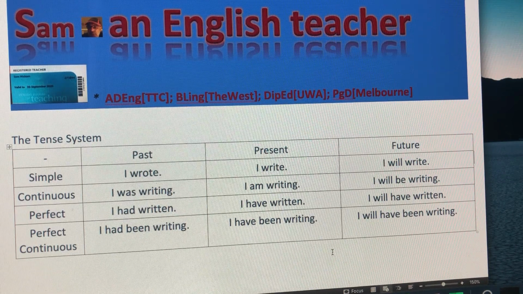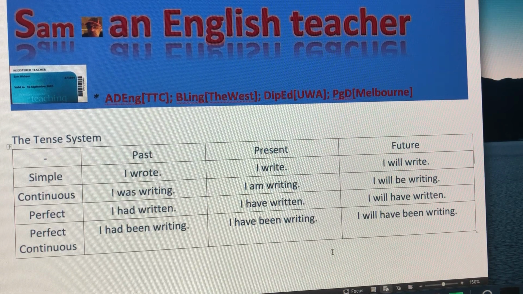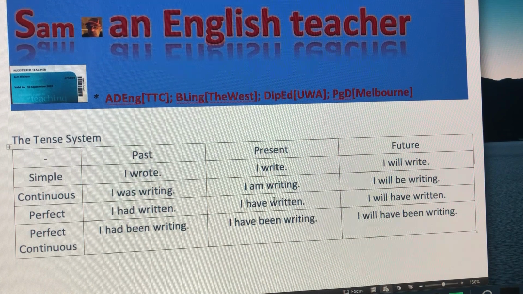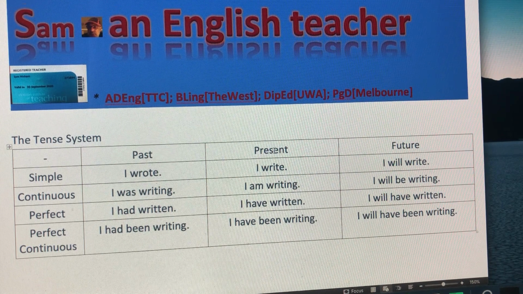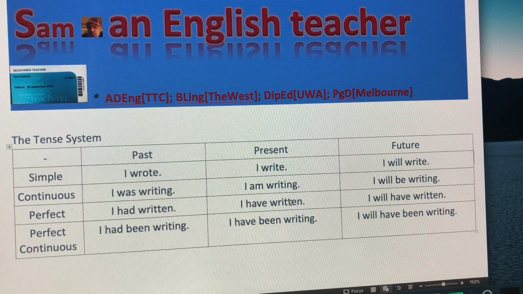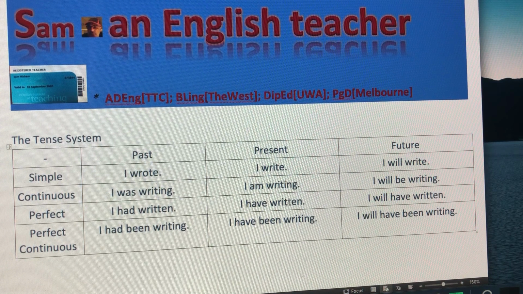So all the branches of the tree of to have, and we know that to indicates that we're talking about a verb. Anyway, so I have written is present perfect. Present because of have, and perfect because this past participle comes after have.